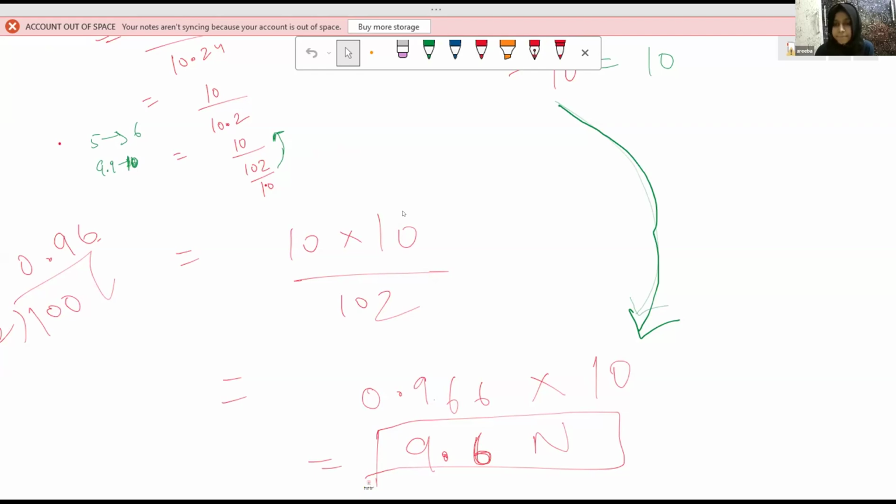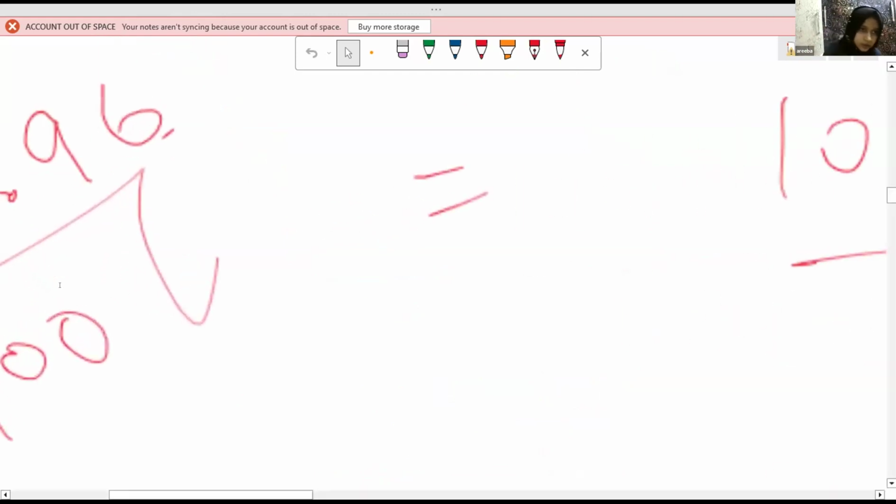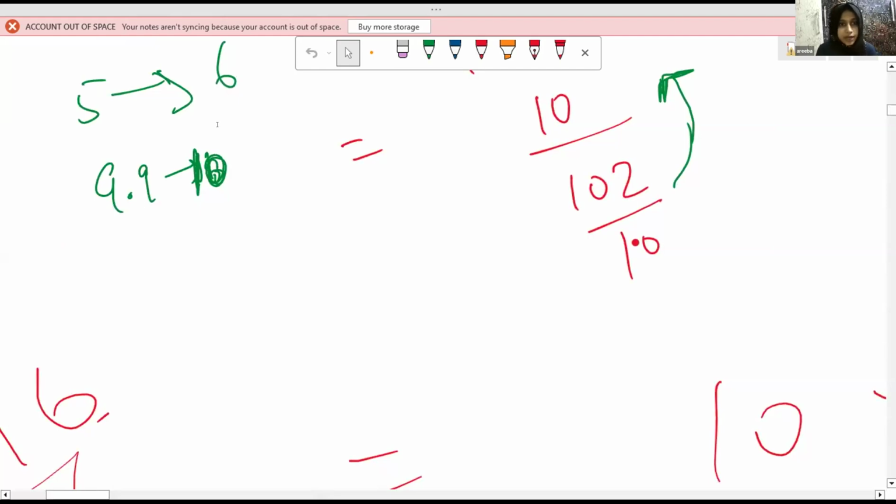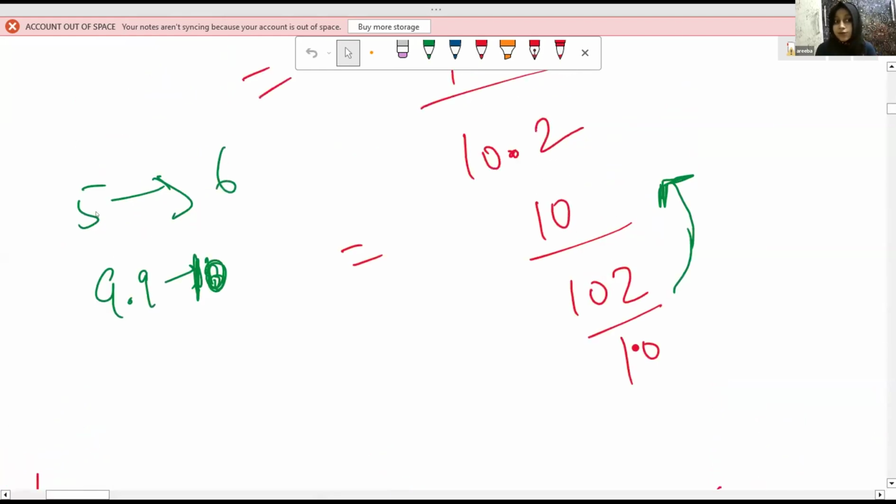Ma'am, can't we just round it up to 10? No, for a minimum of 1 to 2 decimal places, we have to show. We don't round off big numbers. I can round off 9.9 to 10, but I can't round off 5 to 6.